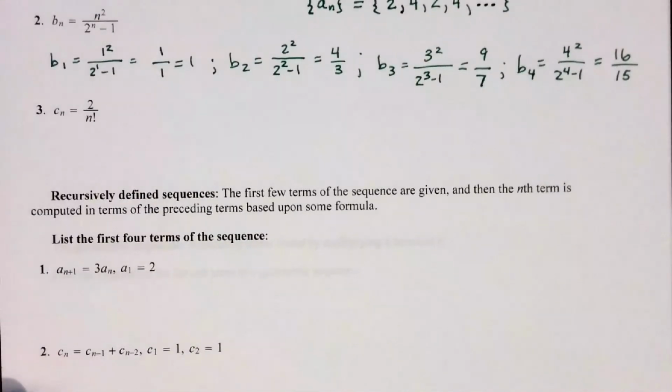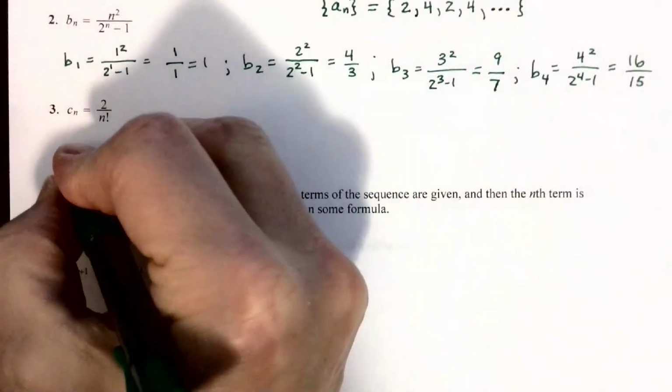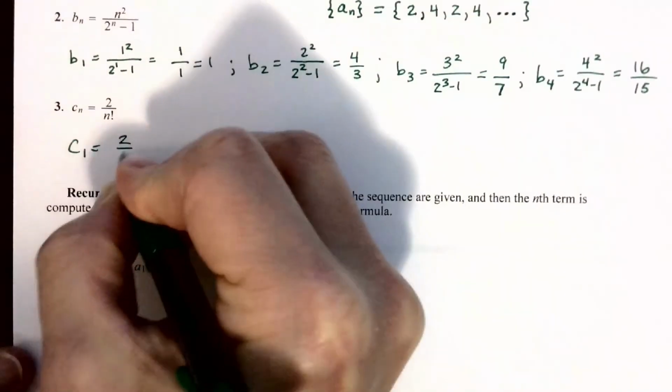Okay, so with that brief review on factorials, we're now able to answer number 3, which is what is c sub 1? It's 2 divided by 1 factorial.